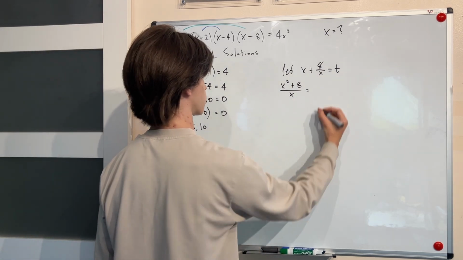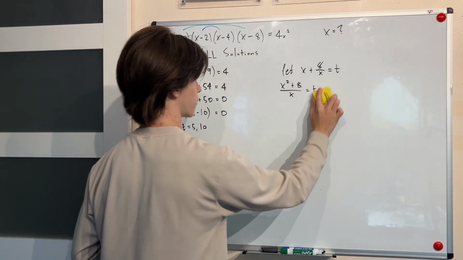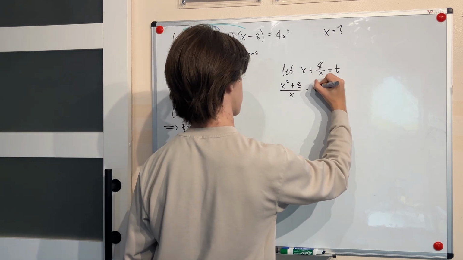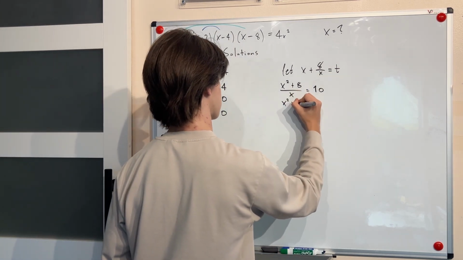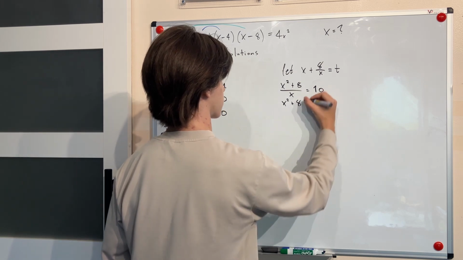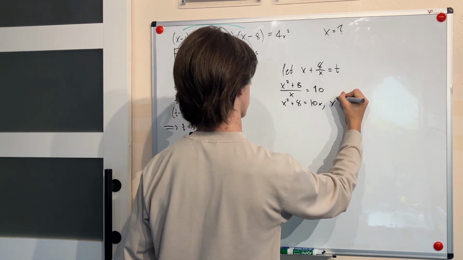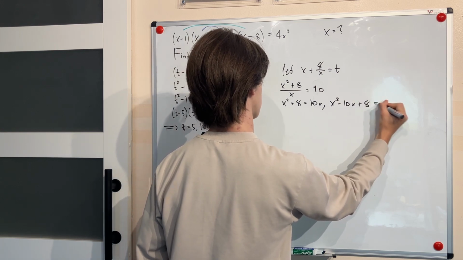That's going to equal our t. And we're going to use first not t, but 10. That's equal to 10. We get that x squared plus 8 equals 10x. And in standard form, x squared minus 10x plus 8 is equal to 0.